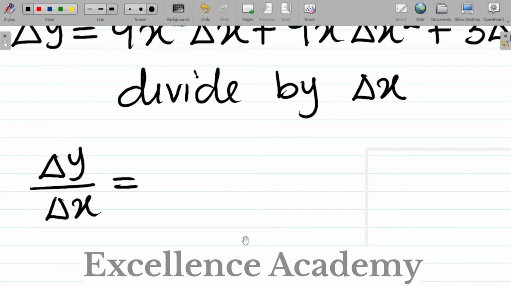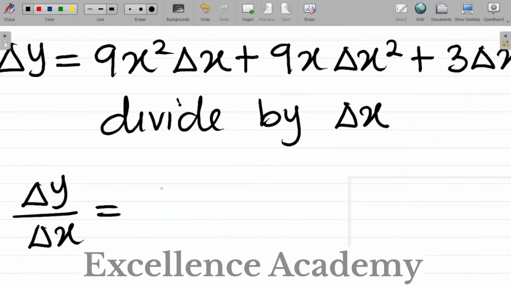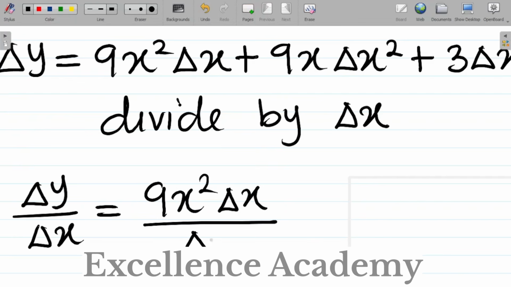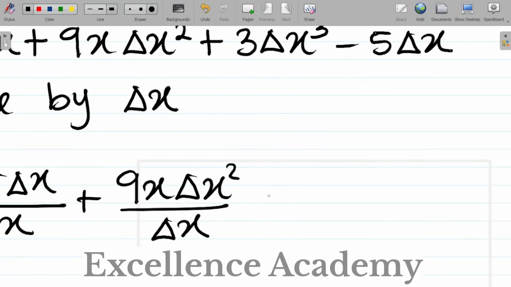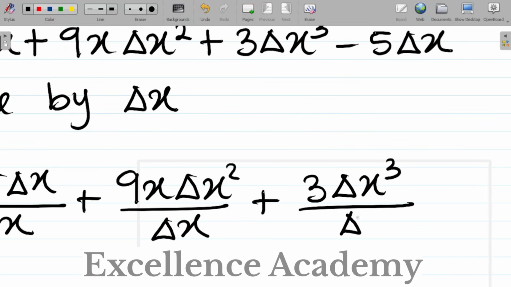It's equal to, divide each term by change in x, I have 9x squared change in x, all divided by change in x, plus the next term, this one here, is 9x change in x squared all over change in x, then plus the next term, there is 3 change in x cubed all over change in x. Just to confirm that, let me see.